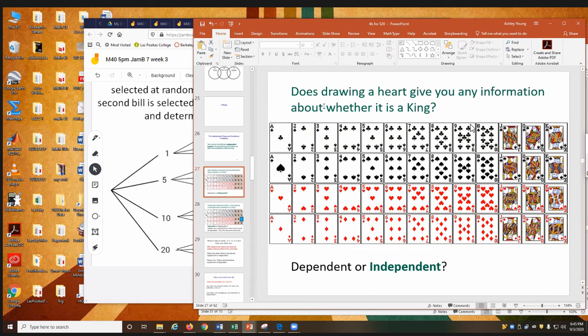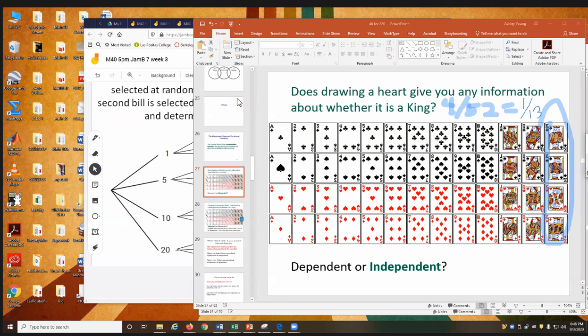What's the probability I draw a king? 4 out of 52. 4 kings out of 52. If I simplify that, it'll be 1 out of 13.